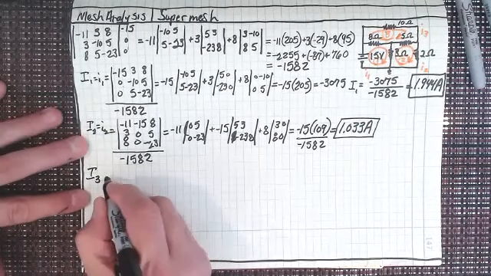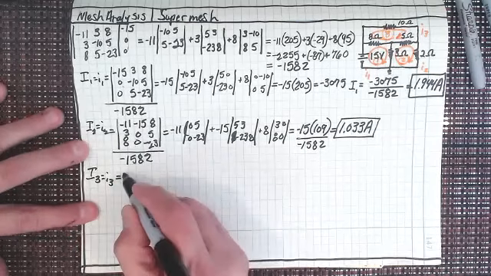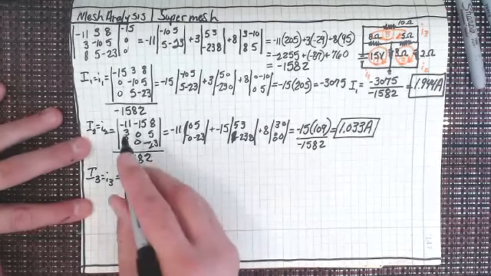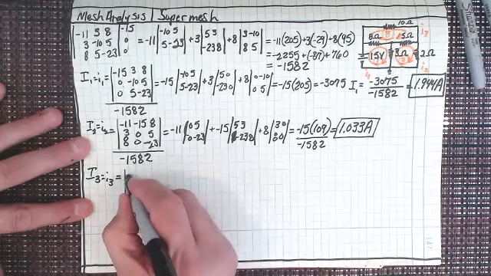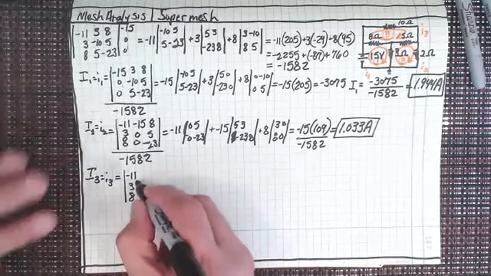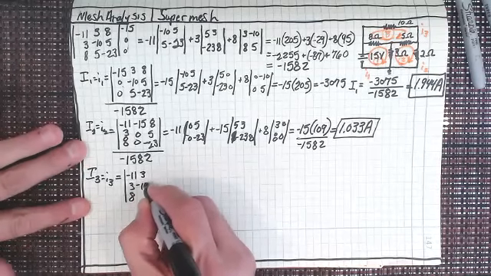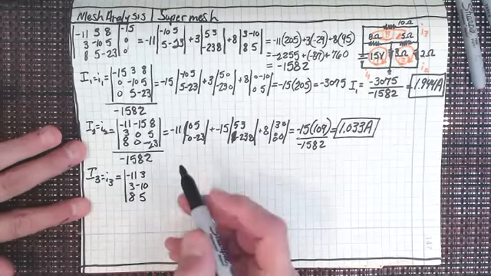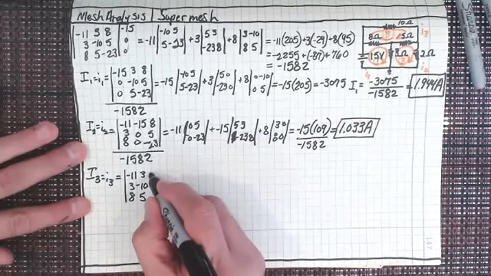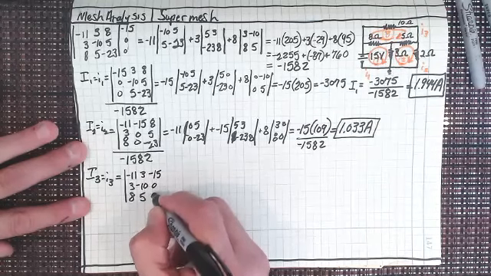Actually, the only one I solved for before was I3, so this should tell me right now if I've done everything right. What we want to do is replace the third column now. So I've got 11, 3, 8, and then the second column is 3, minus 10, 5. And then the third column is going to be my minus 15, 0, 0.